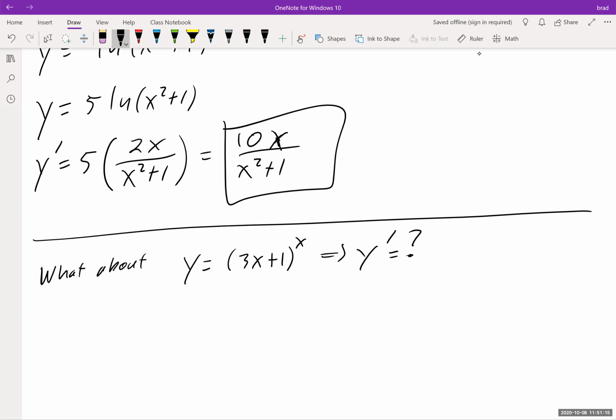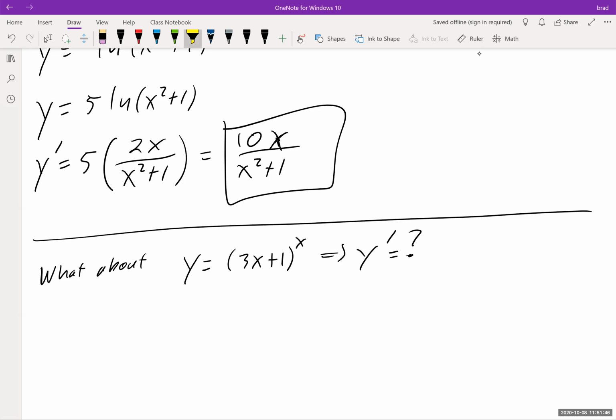Now, this is a problem because in the past, the general power rule says like a base of a to some power. If we have 5 to the x, we can do that. If we have e to the x, we can do that, right? But what about if you have a variable to a variable, like x to the x? That's when we start running into a little bit of trouble. So we're going to have to develop a way to do that.